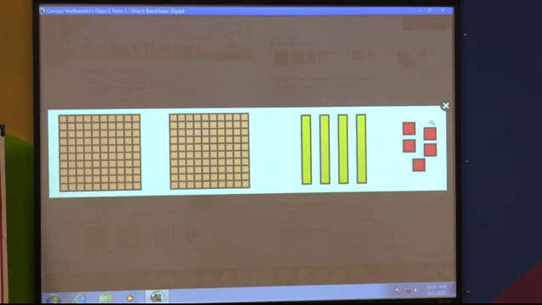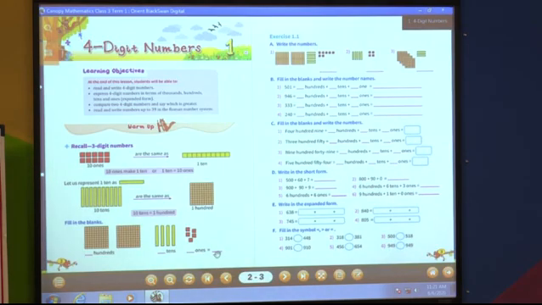And see these small boxes. 1, 2, 3, 4, 5. 5 small boxes are there. So how many sheets? Once again tell me please. 2 sheets means 2 hundreds. And how many tens are there? 4 tens. And how many ones are there? 5 ones. So can you tell me which number is there?